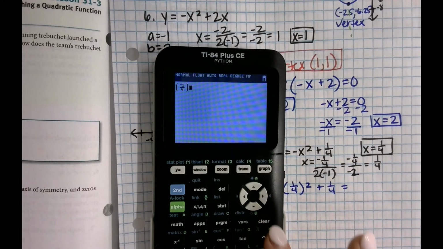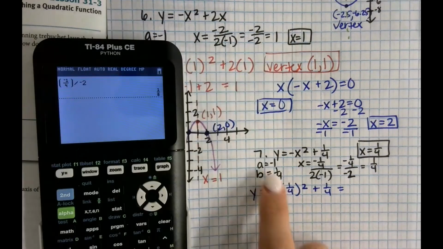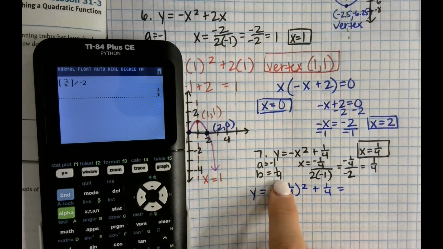Divided by -2. Something is not coming up right on here. Let me go back and backtrack. a equals -1 and b equals 1/4. This is coming up as 1/8.